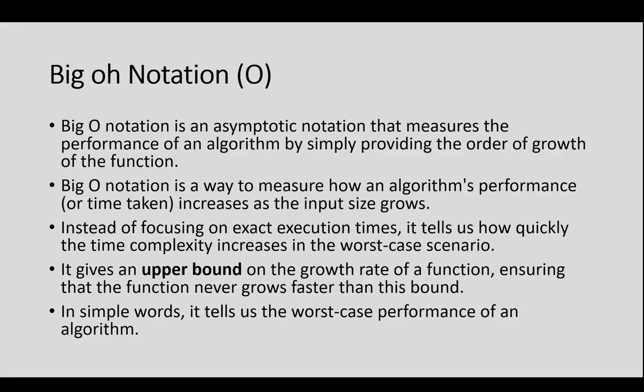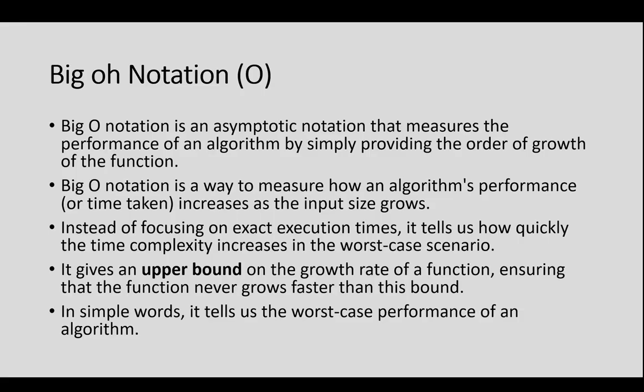Upper bound means the term which has the higher bound, which is likely to take more time. When we do the exercise we will know more about it. So it ensures that the function never goes faster than this bound. Got it?